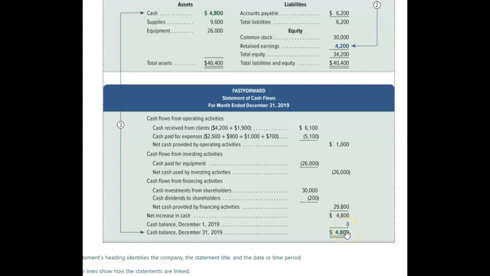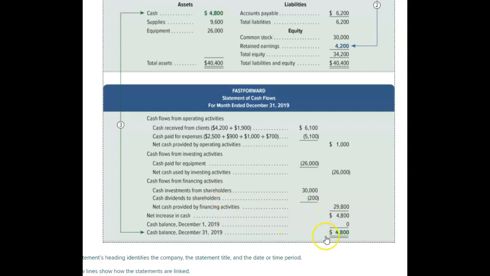In this example, cash received from customers and cash paid for expenses are shown in the operating activities section. Cash paid for equipment is shown in the investing section. Cash received from issuing stock, also known as cash investments from shareholders, and cash paid for dividends are reported in the financing section.